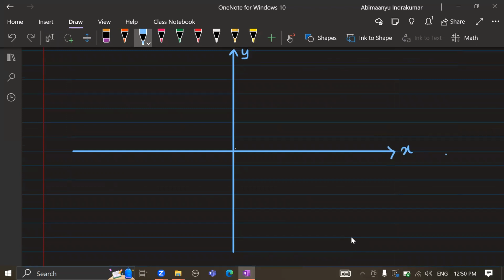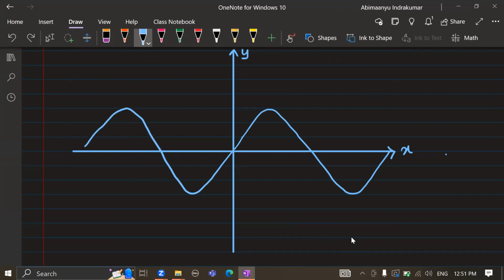The usual sin x graph would be something like this. We can call this another type of graph, many-to-many or one-to-many. I have to first of all define the domain in such a way that it can become a one-to-one function.